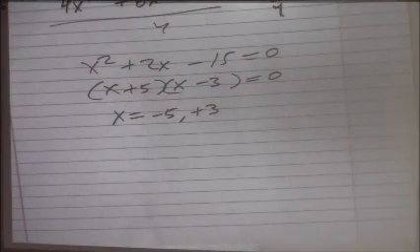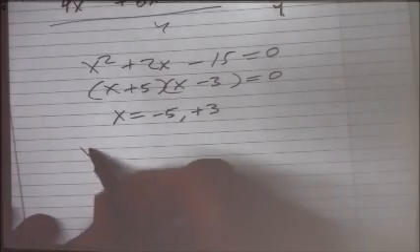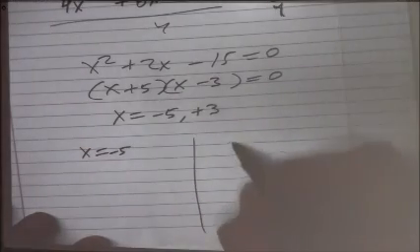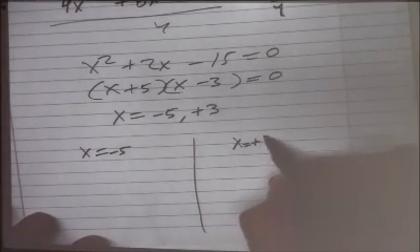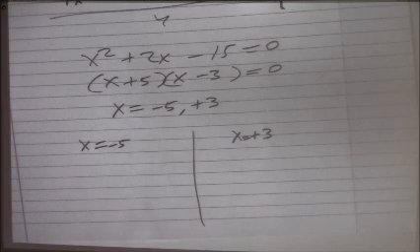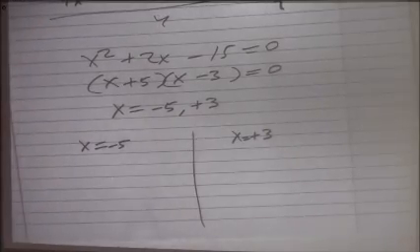So now I'm going to have x is equal to negative 5 and x is equal to positive 3. I'm going to have to figure out what the y's are for them. And in my case, I ran out of some room on the paper because I wrote it so big, so I'm going to just take this and move.